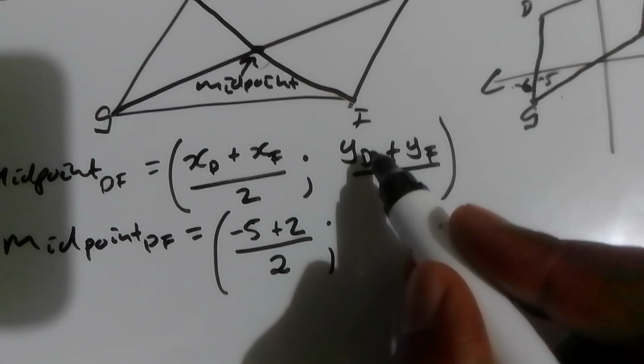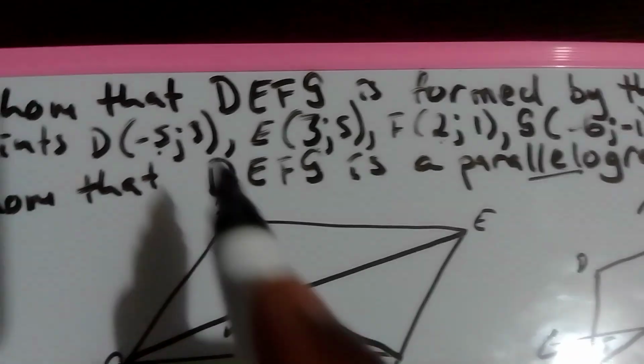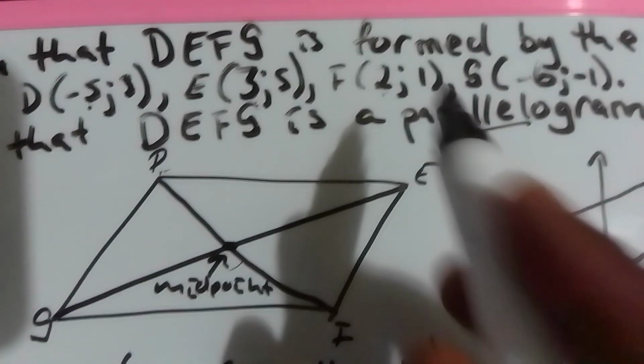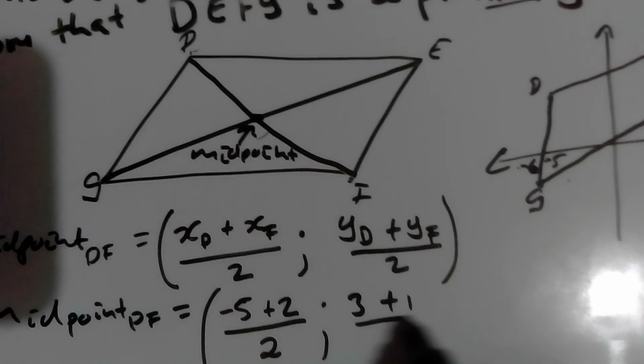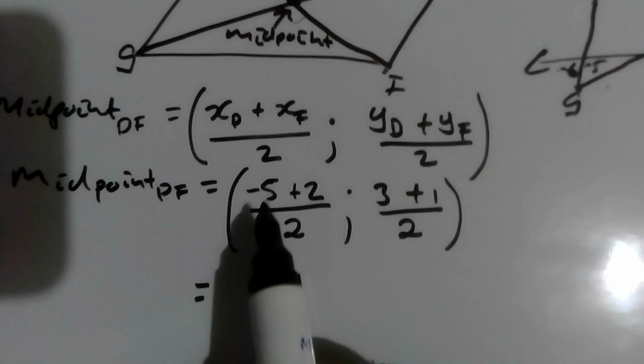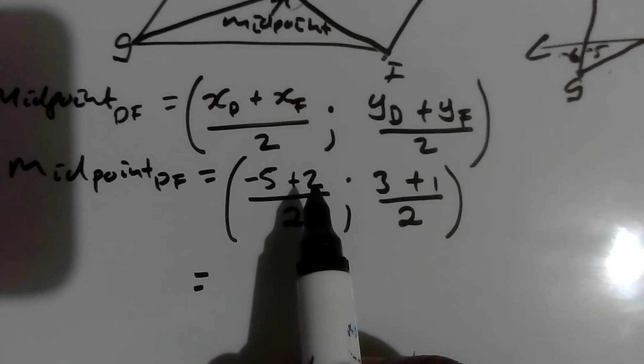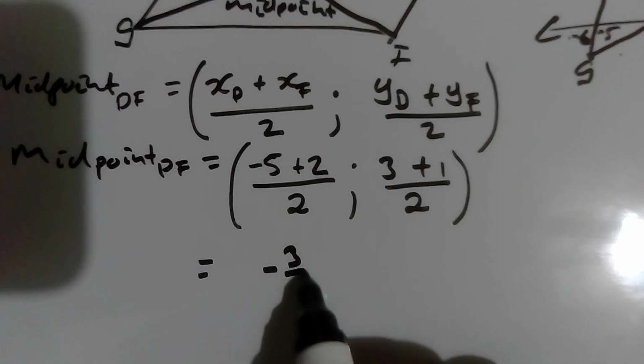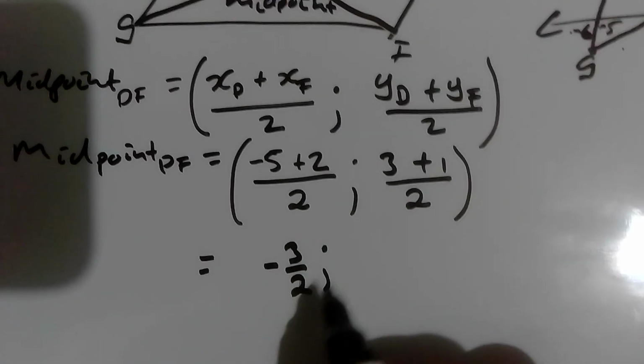Then I must go for the y-coordinate of point D. The y-coordinate for point D is 3. So I say 3 plus the y-coordinate for point F, which is 1, all over 2, like that. Now on this stage, I say negative 5 plus 2. What do I get? I get negative 3. So I've got negative 3 over 2.